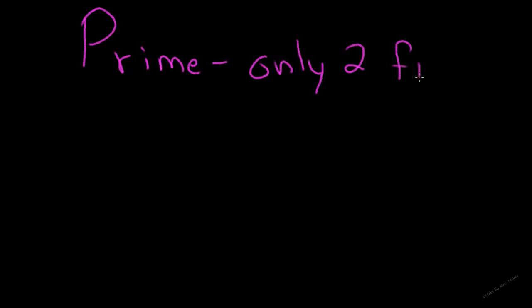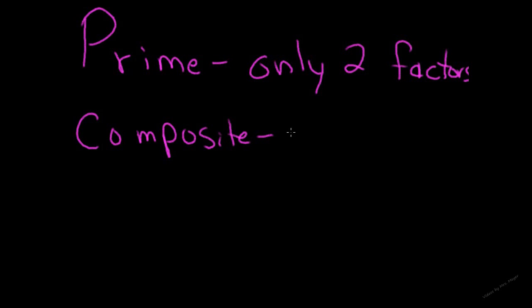So to understand what exactly is a prime number, it is one that has only two factors. Okay, and a composite number is a number that has three or more factors.